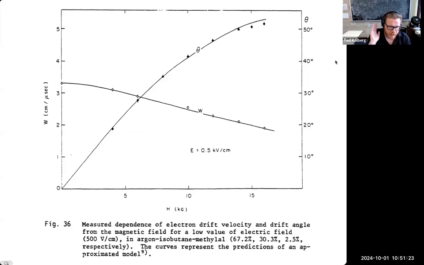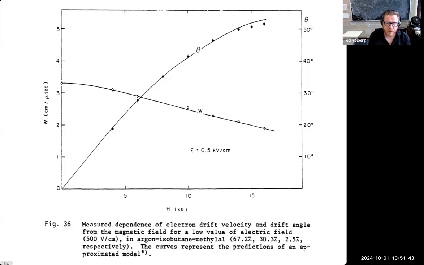And this is also dependent on the angle between the electron and the magnetic field, right? Because the Lorentz force depends on the cross product of the magnetic field and the electron velocity. So this is another aspect in which the electrons in particular in these detectors, the physics of what they do is quite complicated.